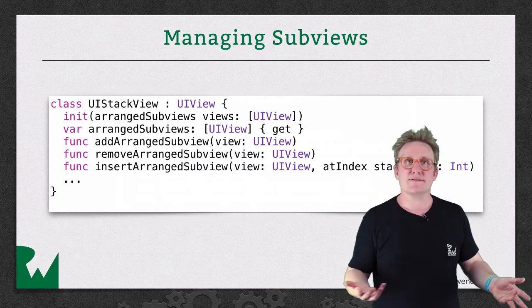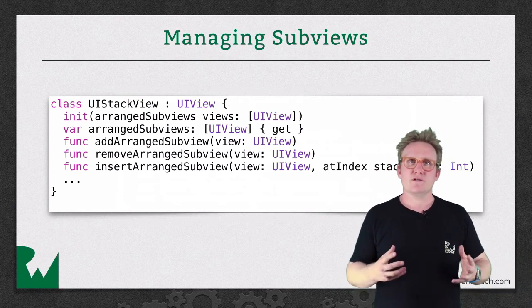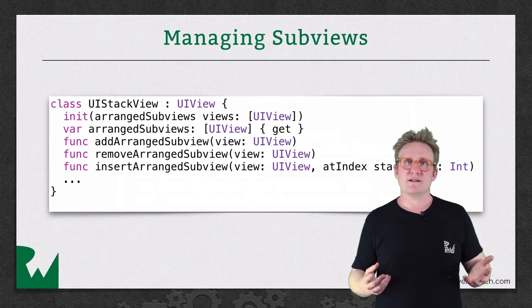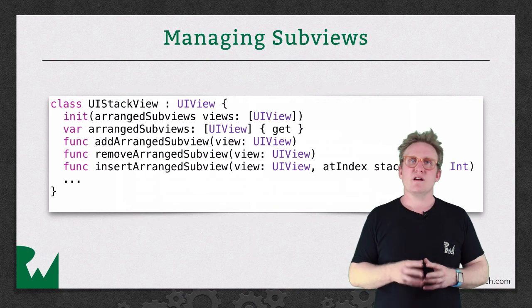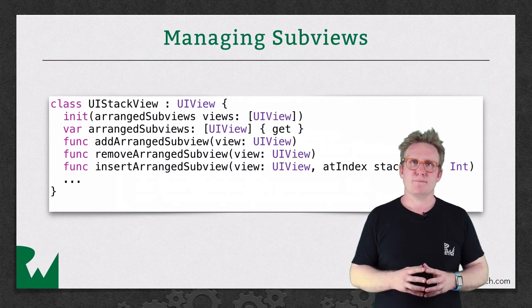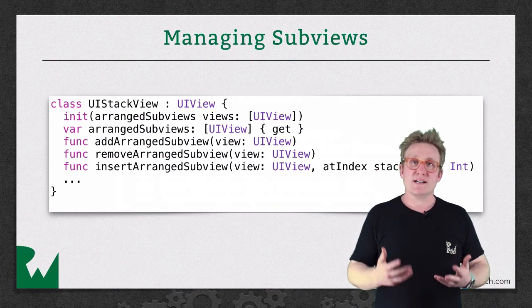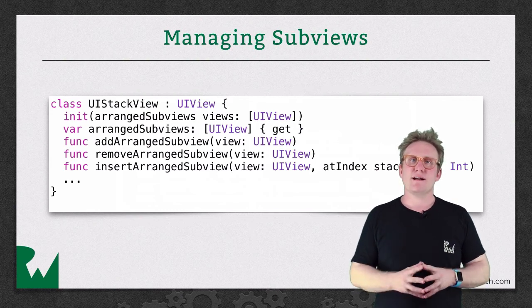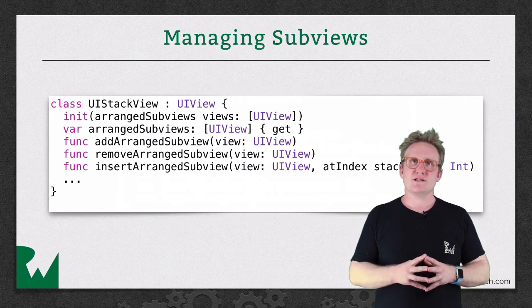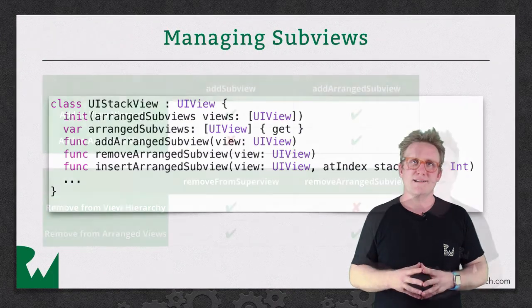That'll add it to the end of the stack view. You can also insert an arranged subview at a particular index, and to remove them, you need to use removeArrangedSubview. Notice that the initializer takes an array of subviews, and in fact that is the arrangedSubviews array. You can give this array at initialization time, and that will determine the views that will appear in the stack view.